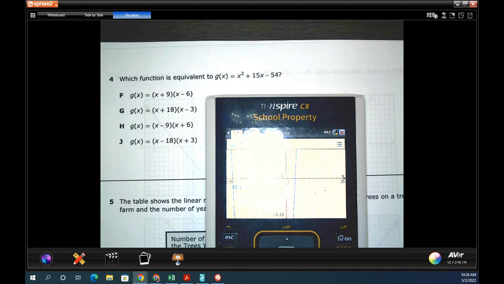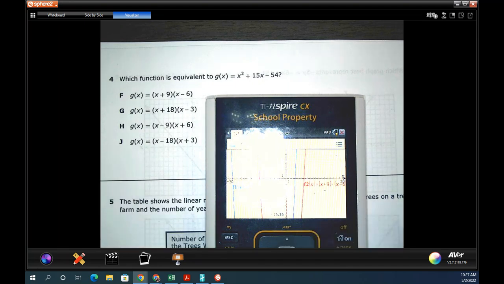And we're going to put in the first answer. Parentheses, x plus 9, close parentheses, and then parentheses, x minus 6, close parentheses, hit enter. Does that match the graph? You can put in all the answers right there.